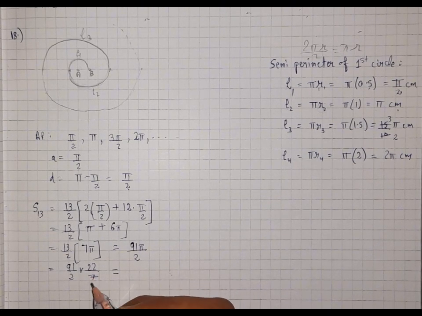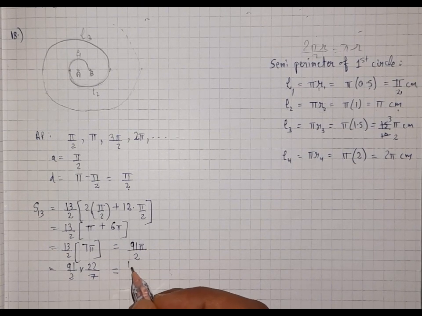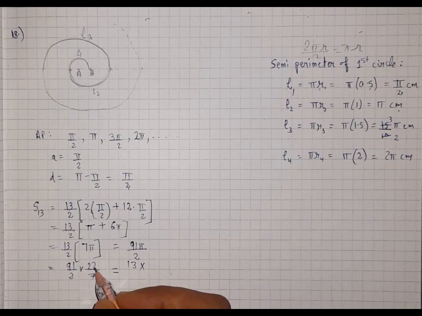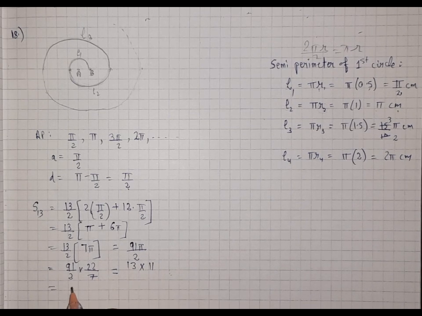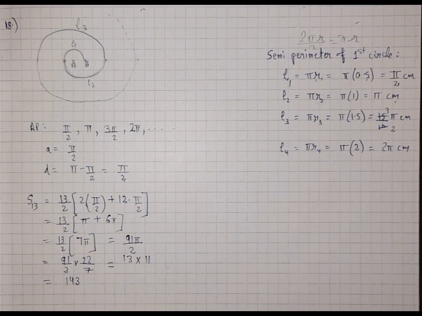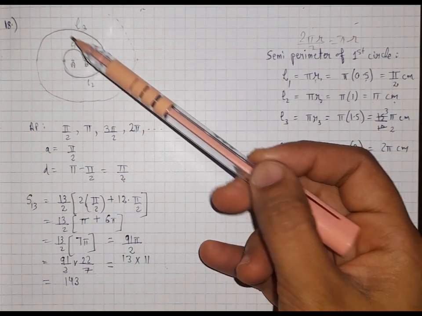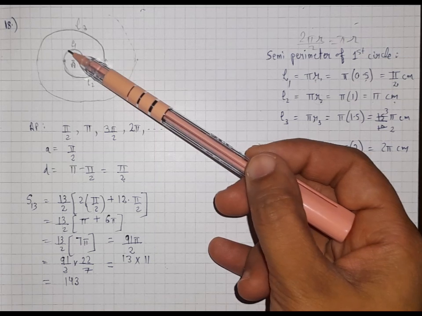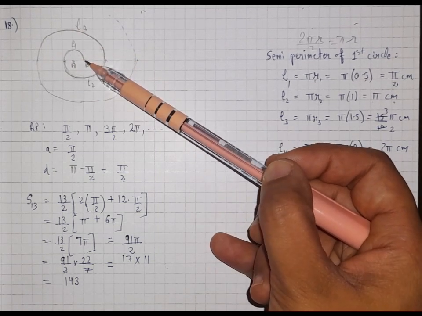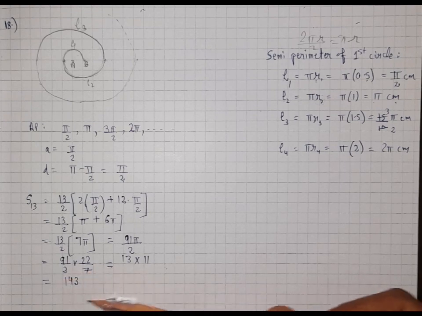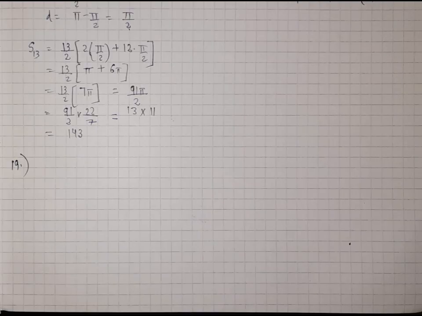So now 91 upon 7 equals 13 and 22 upon 2 equals 11. Now 13 into 11 equals 143. Therefore, the length of such a spiral made up of 13 semicircles with centers at A and B alternately is 143 centimeter.